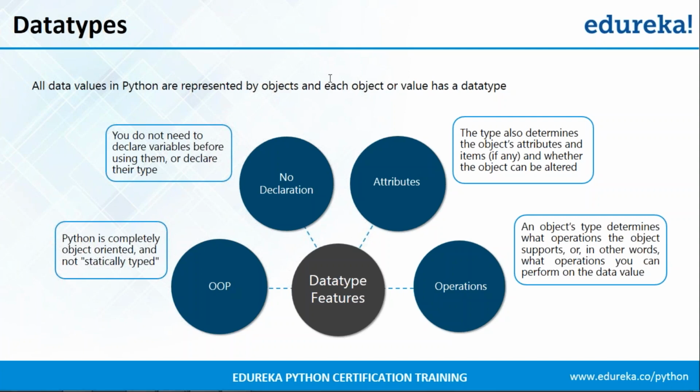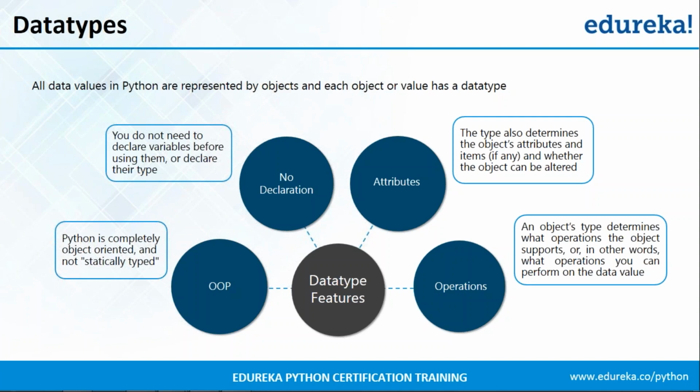Okay, so after that, an object type also determines the operations that it supports. For example, if you're working with numbers and you want to use the plus operation, it will just add up those 2 numbers. But if you're dealing with strings and you perform the same plus operation, it will not sum up the strings, it will just concatenate them. So the data types also differentiate on the same operations.